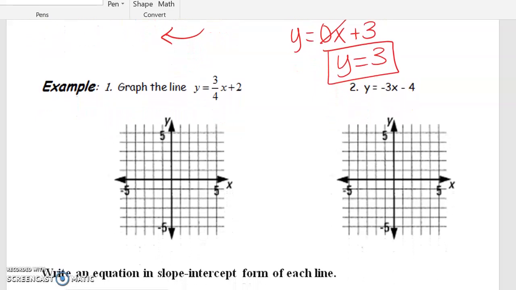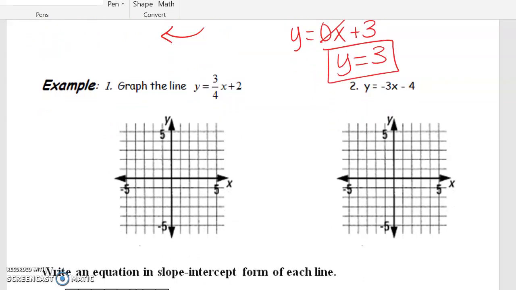Now we're going to work a little bit with graphing equations in slope-intercept form. I'm sure you guys have done this before, but we're just going to review quickly here. When I graph an equation in slope-intercept form, for example, y equals 3/4x plus 2, one trick is that this y-intercept out here is always going to be our starting point.